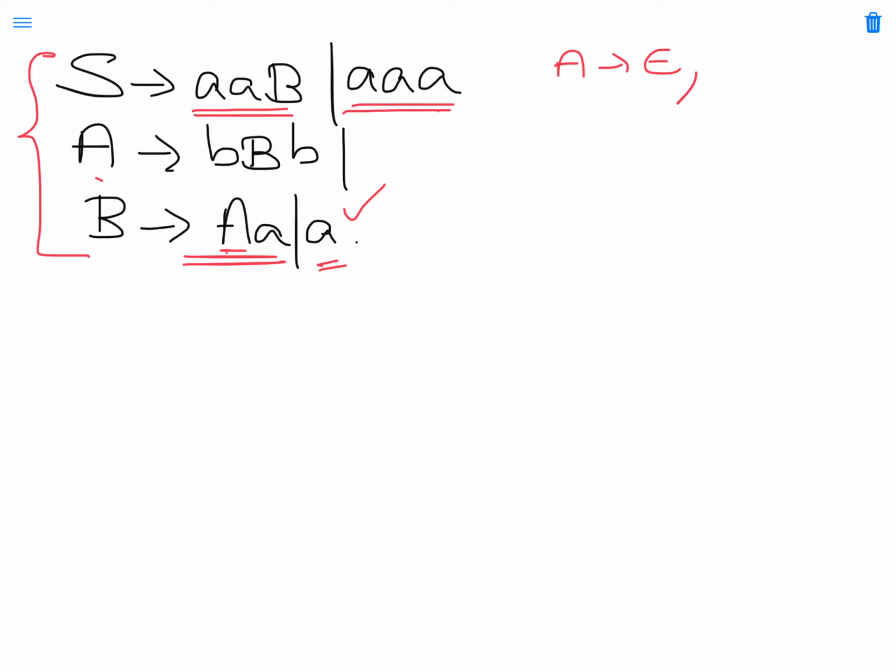The first S production has two terminals in the beginning, which doesn't satisfy the GNF condition. The second production has three terminals. That also doesn't satisfy. So compared to the previous problem, it is different, as terminals are scattered toward the end and in between.